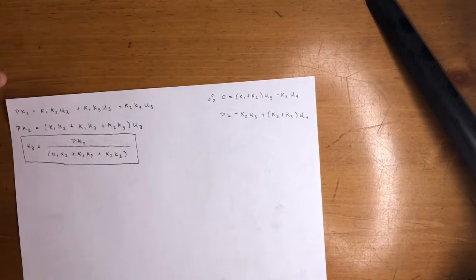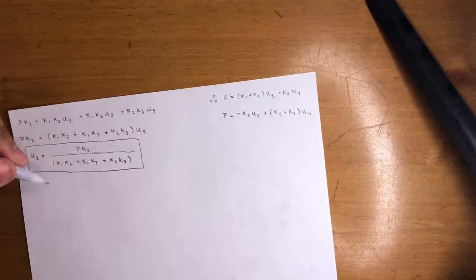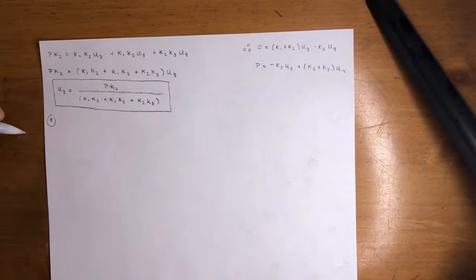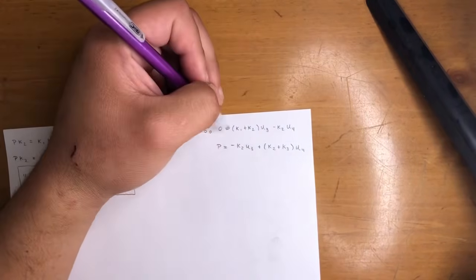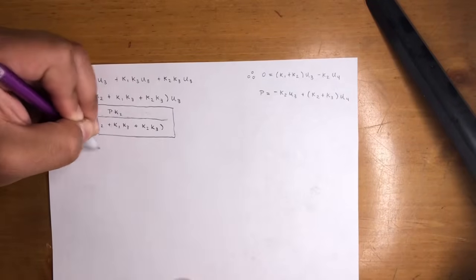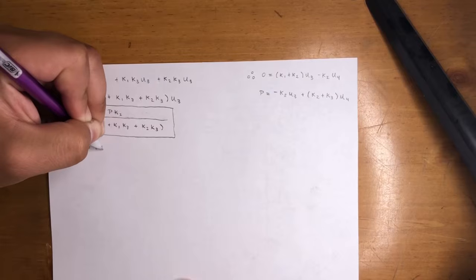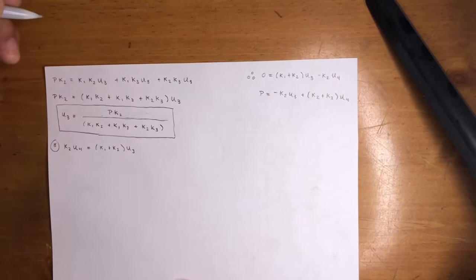All right, so next step, solve for U3. Let's label this step number 8. So move K2 U4 this way. K2 U4 is equal to K1 plus K2 times U3.